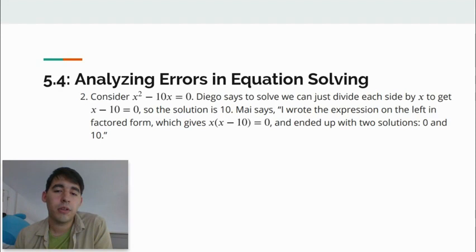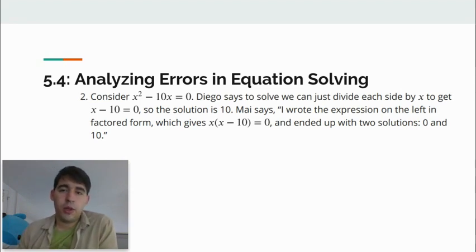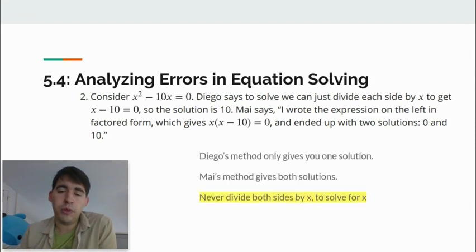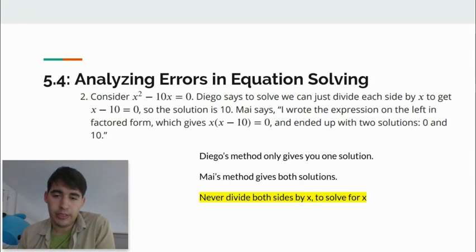Whose method do you like better? On the one hand, Diego came up with one solution, and it is correct. However, Mai came up with two solutions, and those are both correct. And as I mentioned before, when you're solving a quadratic equation, I need you to write all the solutions to the equation. So we would prefer Mai's method.